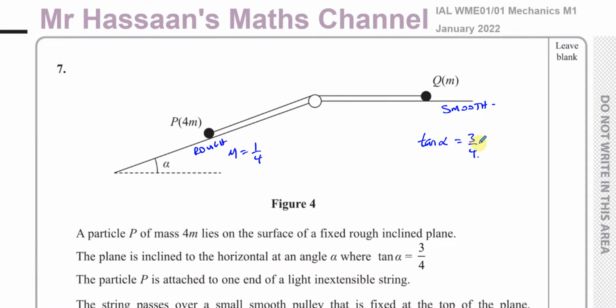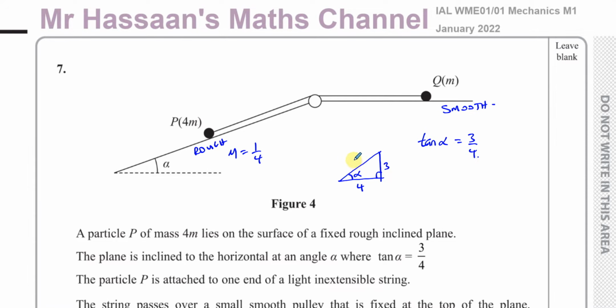If tan alpha is 3/4, if I make a right angle triangle and I call this angle alpha, tan alpha means the opposite over the adjacent. So the tan of this angle would be 3/4. That would be the opposite, that would be the adjacent.